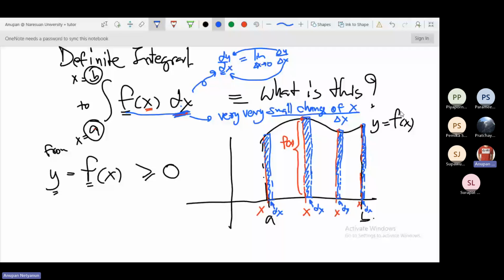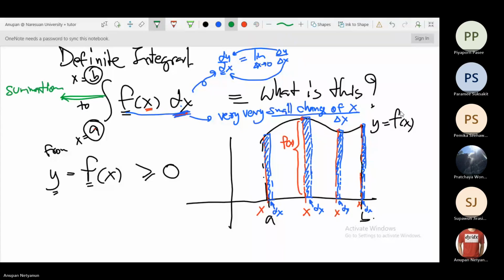Now, when you see the integral sign, if you open the dictionary, you will see that it's the summation.